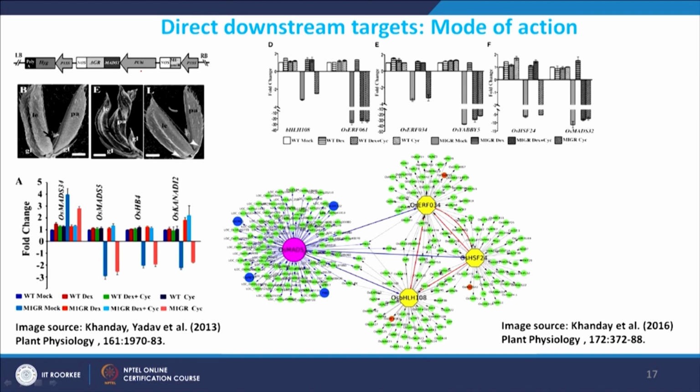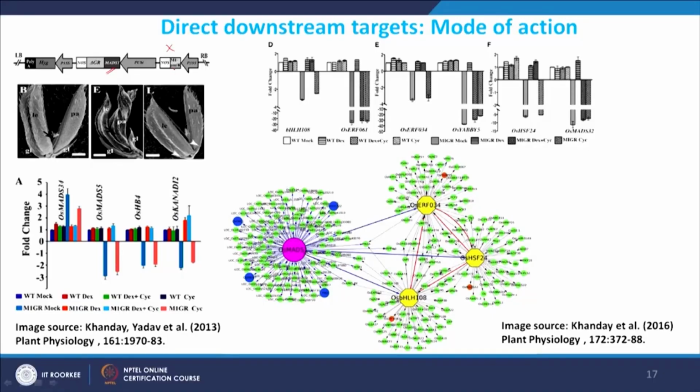Then, if you want to study this gene, you will have to generate a very special thing. Here, an artificial microRNA against MADS1 has been developed, and at the same time a MADS1-delta-GR construct was provided. This artificial microRNA is designed in a way that it will not silence the delta-GR fusion version of MADS1; it will only silence the endogenous gene.